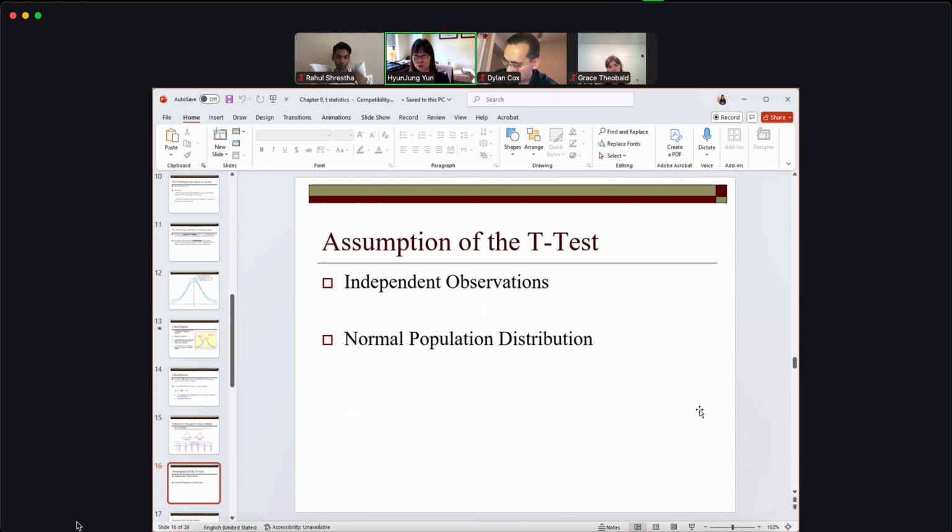So if you get the samples not from the same family or household, because political attitude within the same household has a strong relationship, right? Correlations. So as long as your sample out of like 7, 8, 9, 10, less than 30, consists of independent cases, not related to each other, then that's good enough for the t-test.